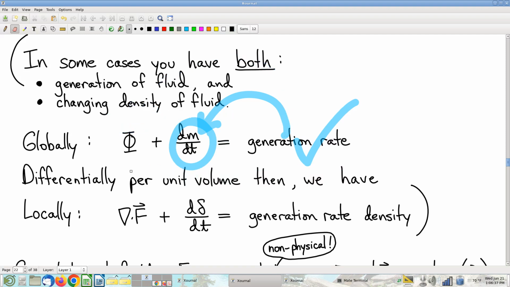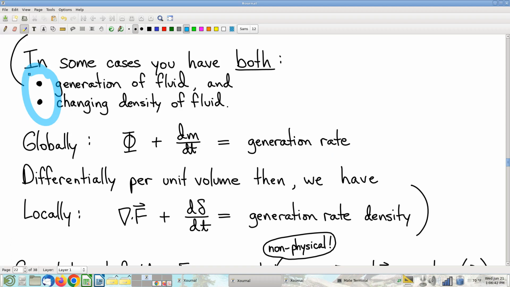And so in this scenario here, where you have both of these features of the fluid, kind of a combination, again, of the two different kinds of fluid we've already seen, then you just have this relationship between these quantities, and you can divide by volume, and flux per unit volume is divergence.